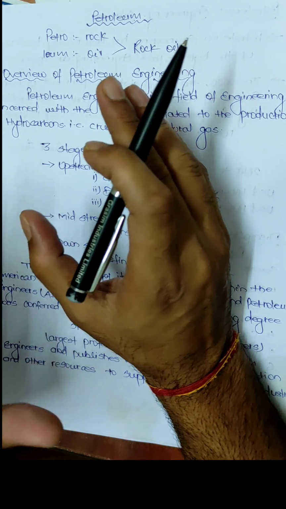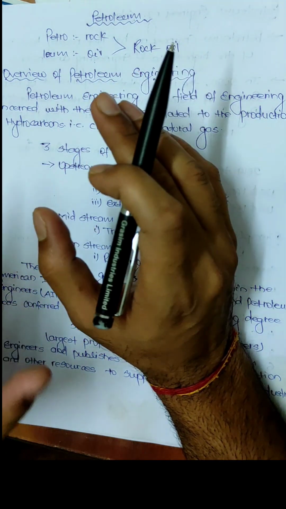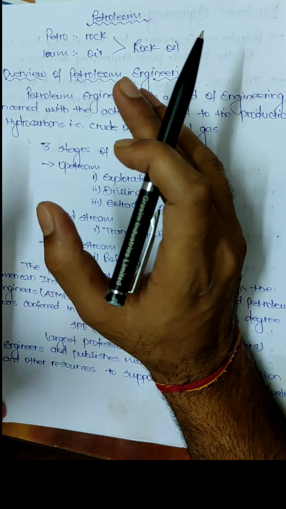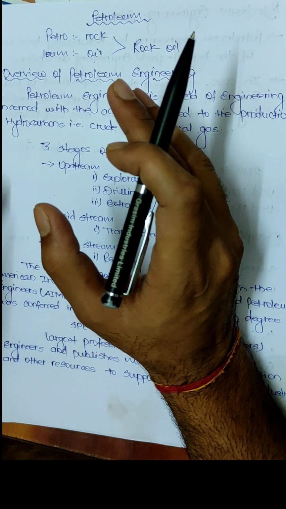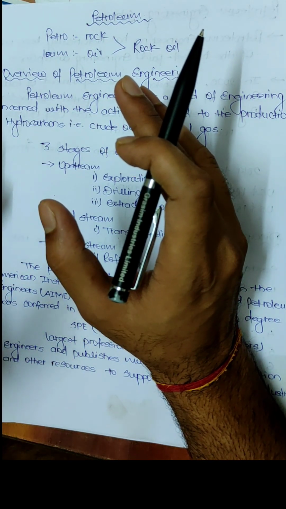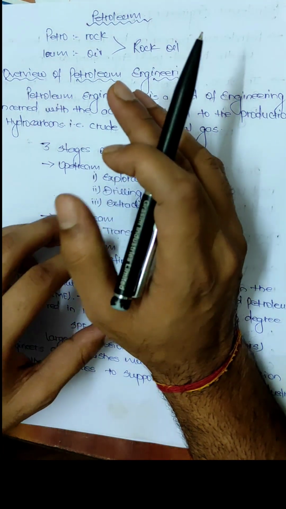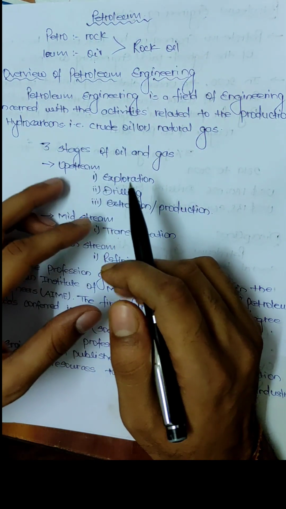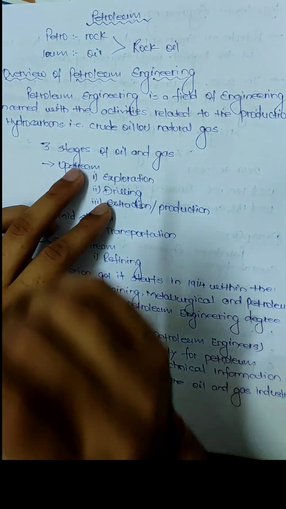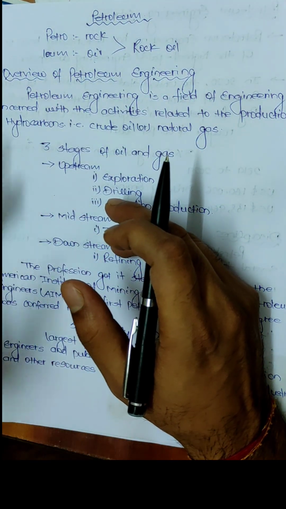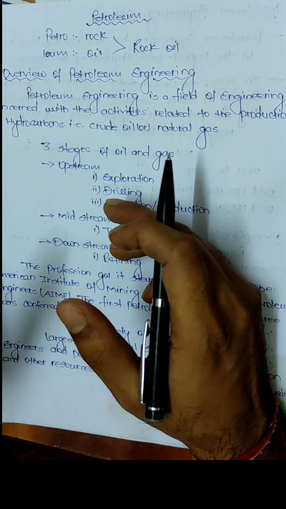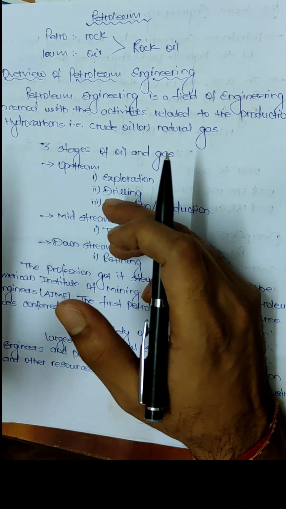Petroleum oil is generated from sedimentary rocks, where the fossils and the dead bodies or trees, under high pressure and temperature, are converted into oil by sedimenting into a rock. That's why it is called rock oil.